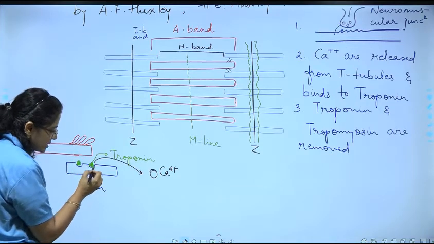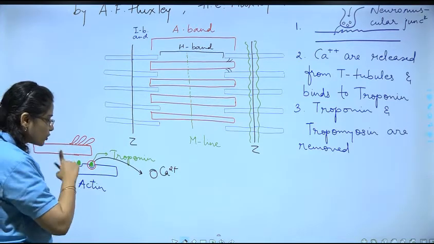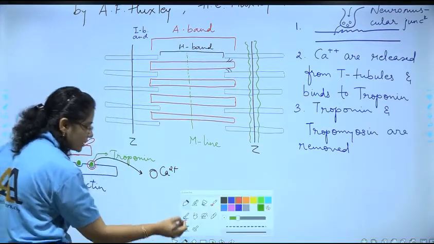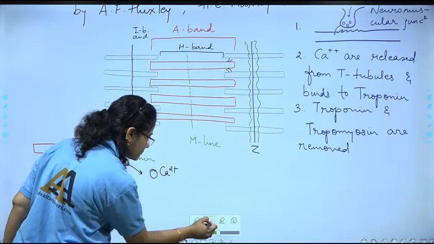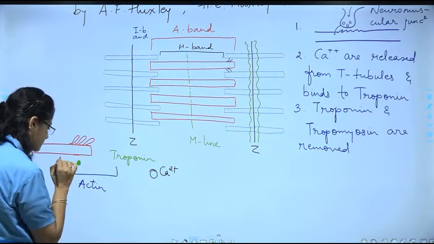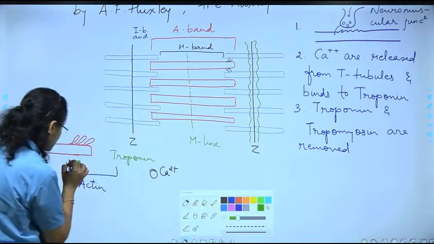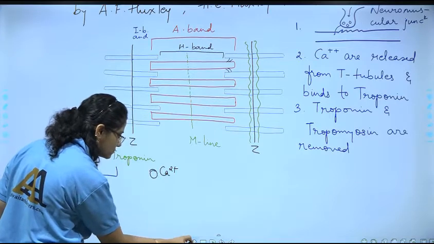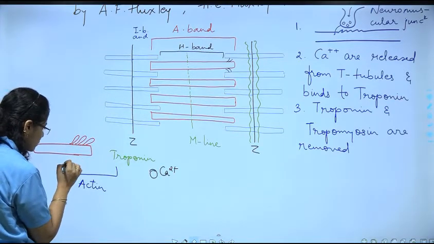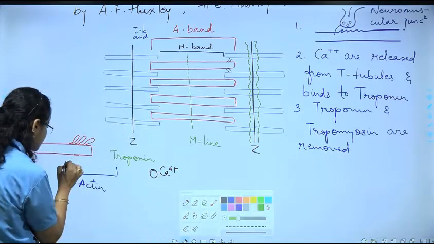So just imagine if this place is going to be vacant, what will the situation be? If this place is vacant now, what will the situation be this way, no?